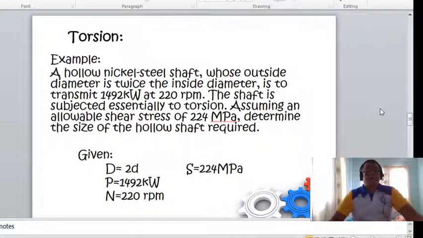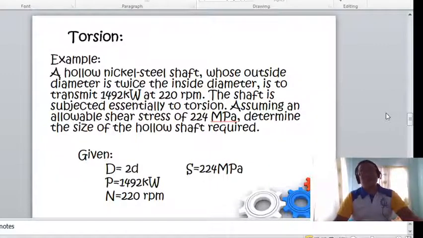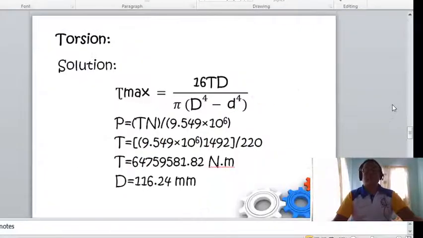Assuming an allowable shear stress of 224 megapascals, determine the size of the hollow shaft required, okay? So, given: D is equal to 2d, P is 1,492 kilowatts, N is 2,200, and the stress is 224 megapascals. So, that is the allowable shearing stress.